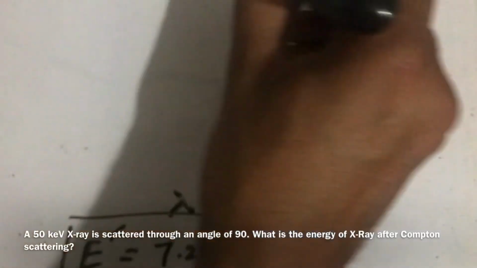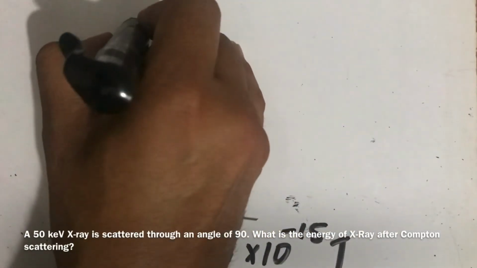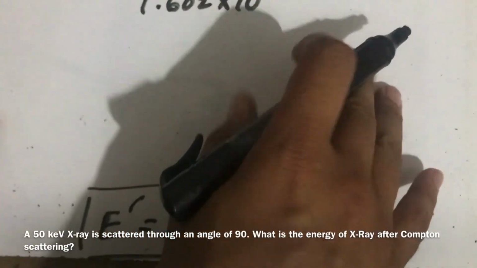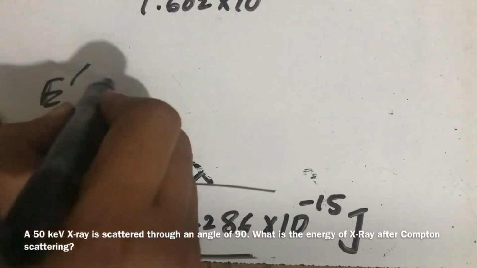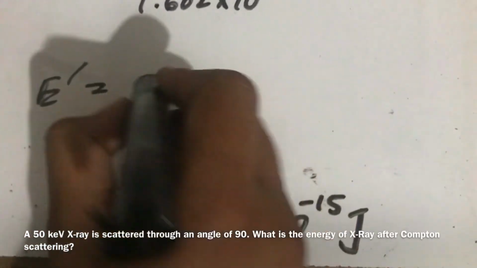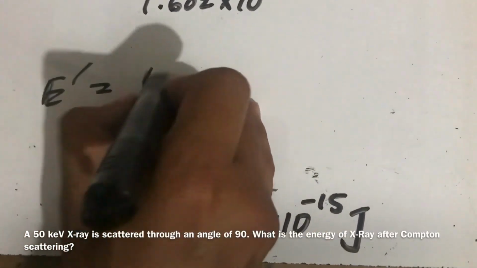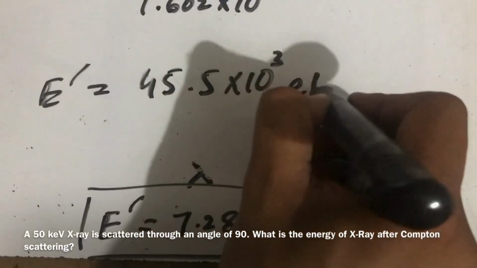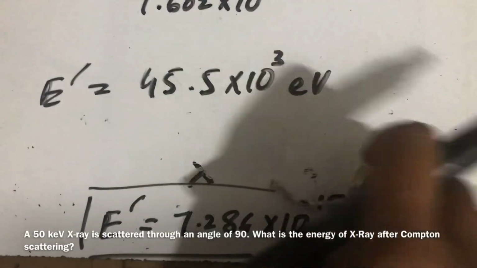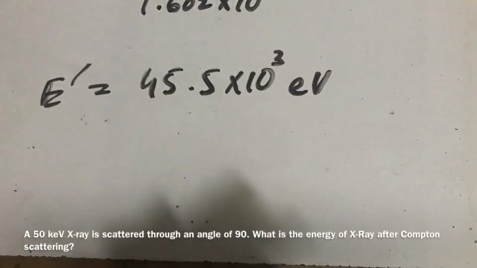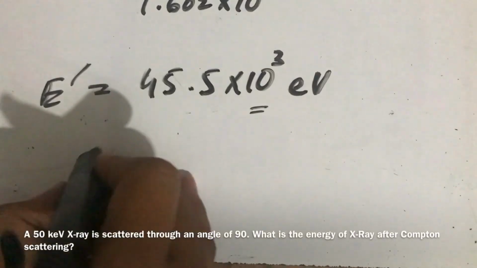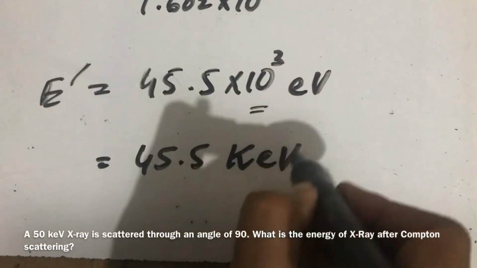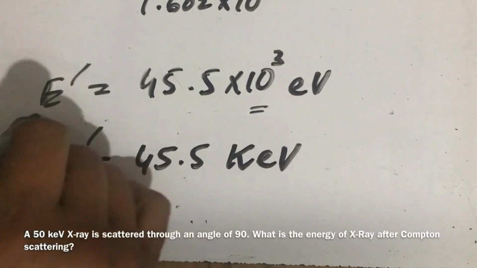Now divide this value by 1.602 × 10^-19, and we get E prime equal to 45.5 × 10^3 electron volt, or we can write the prefix in place of 10^3, 45.5 kilo electron volt. So this is the required answer.